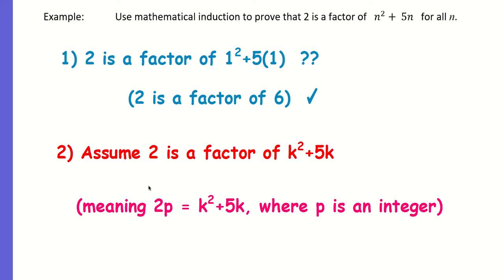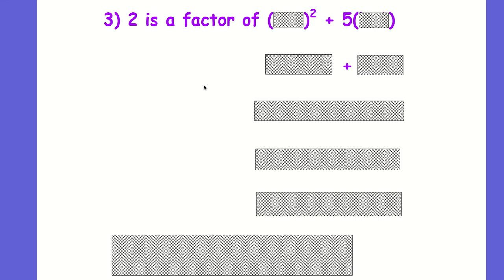Now, obviously in step 3, we're going to have to use that to our advantage because we have to assume that, and now here we go. In step 3, we have to prove that 2 is a factor of k plus 1 squared plus 5 times k plus 1. All right?